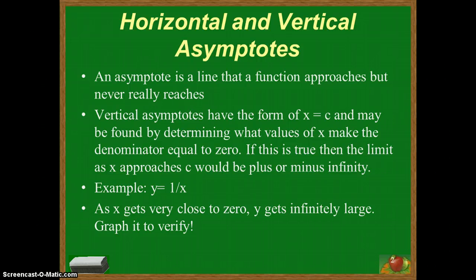Here's a quick example. Let's look at the function y equals 1 over x. Obviously, the function is undefined at x equals 0. As x gets very close to 0, y gets infinitely large.